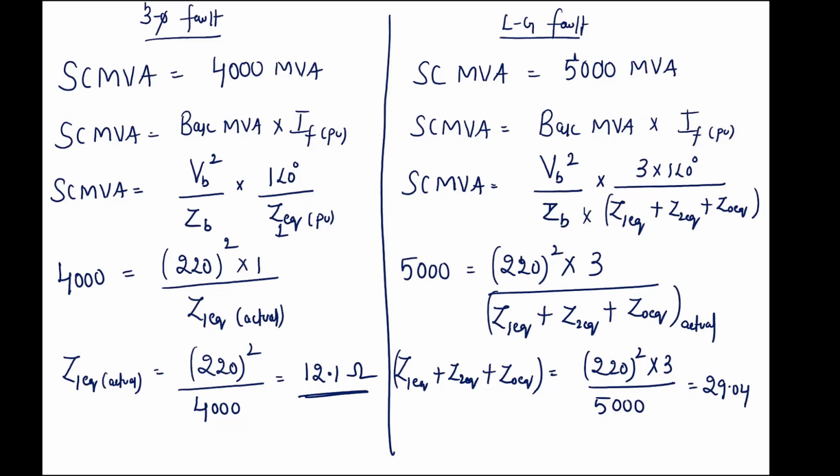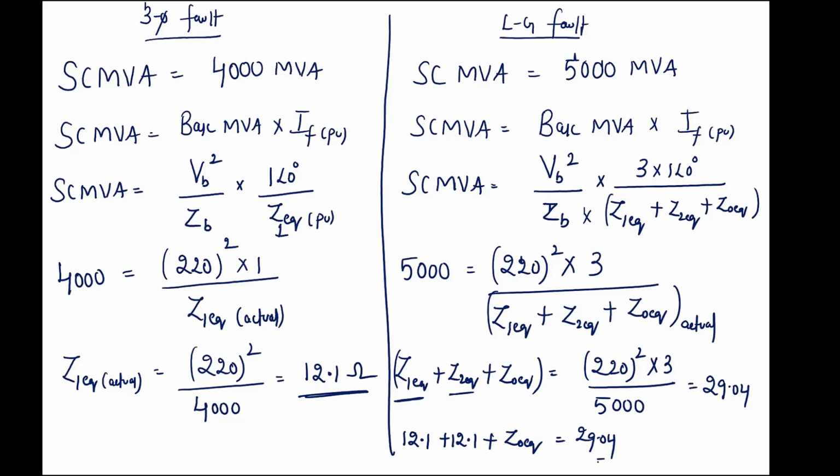we don't want all the value, we want Z0 equivalent. We know that in most cases Z1 equivalent is equal to Z2 equivalent. Both values are same. So if I substitute the Z1 and Z2 equivalent value from here, I get 12.1 plus 12.1 plus Z0 equivalent actual value is equal to 29.04.